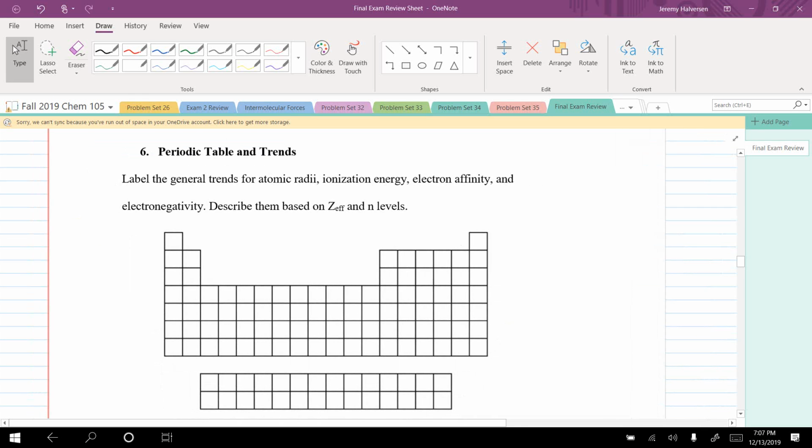Okay, periodic trends. Take a minute and let's describe these together.